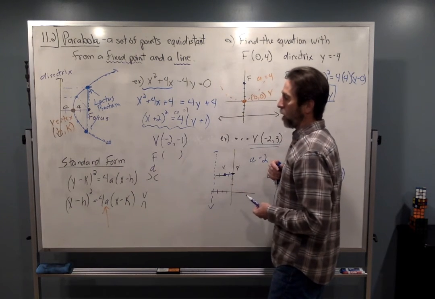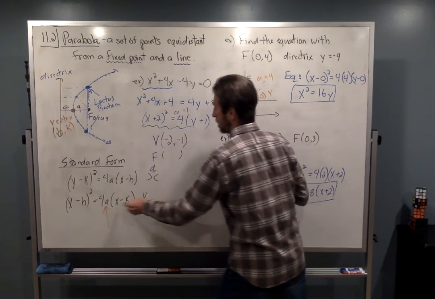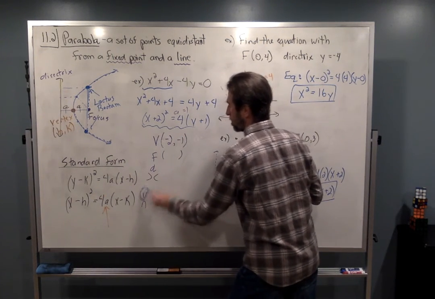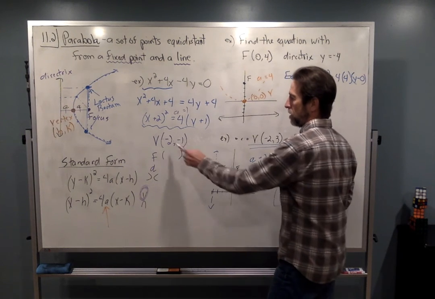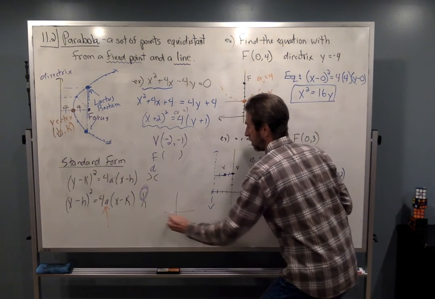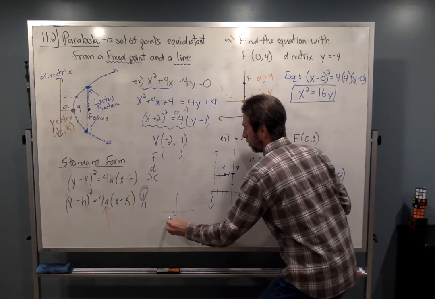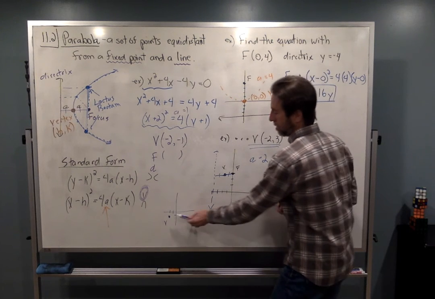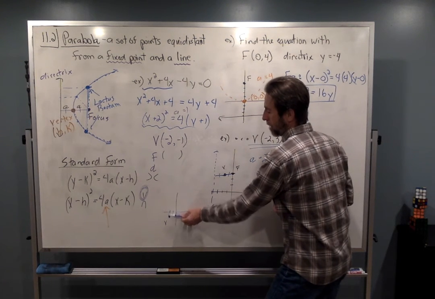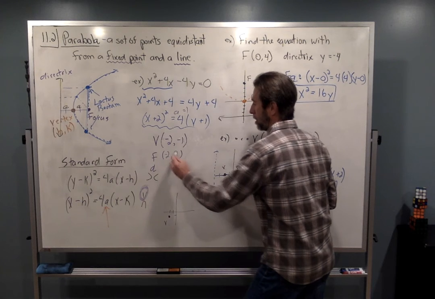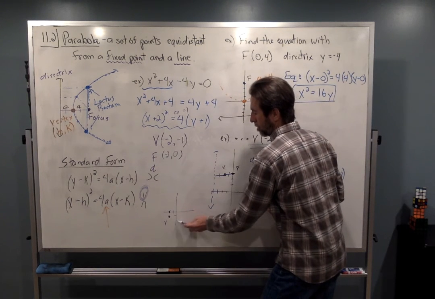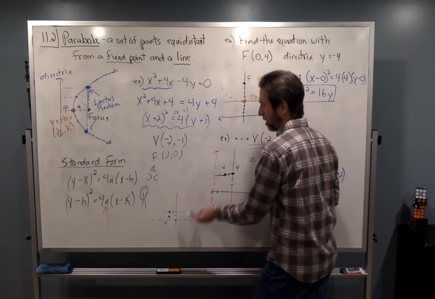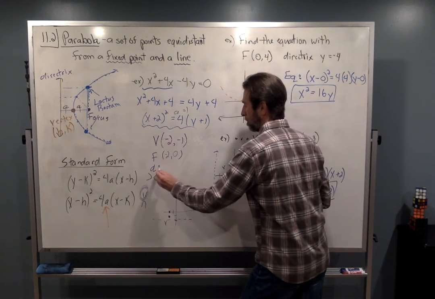I just have to decide which. Well, again, because it's this one, because that's positive, I know it's an upward type parabola. So if the vertex is (-2, -1), the focus is moving up 1. If I move up 1 unit, I'm at (-2, 0). So there's the focus. The directrix is 1 down. So if I move 1 down, it's at y = -2, and the directrix is a line.